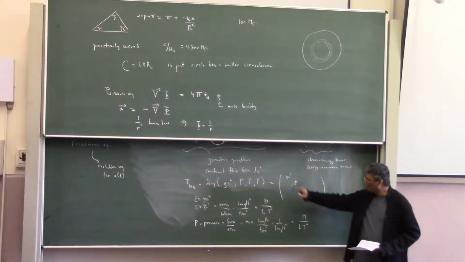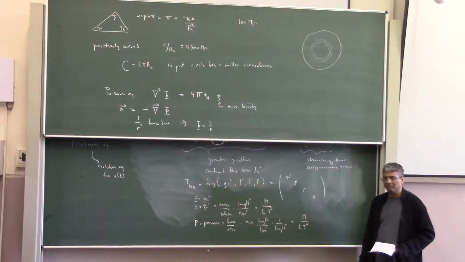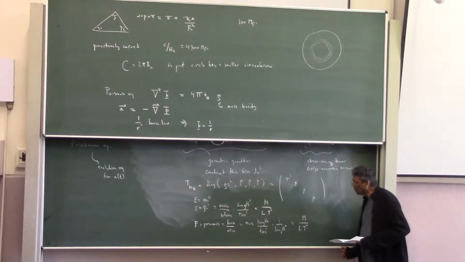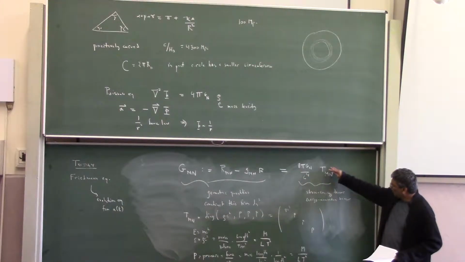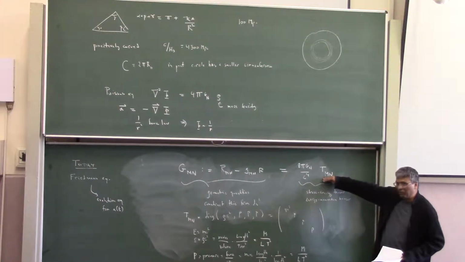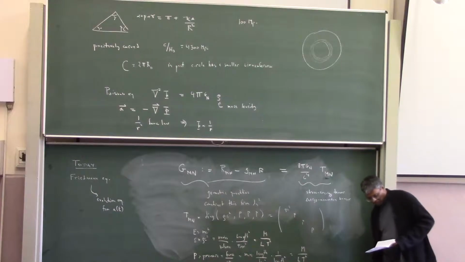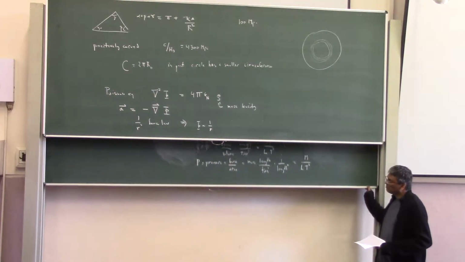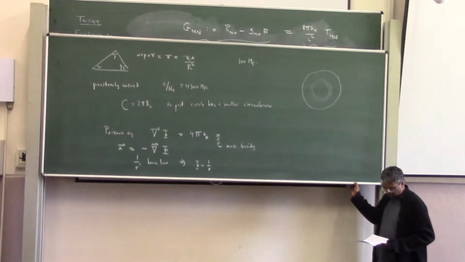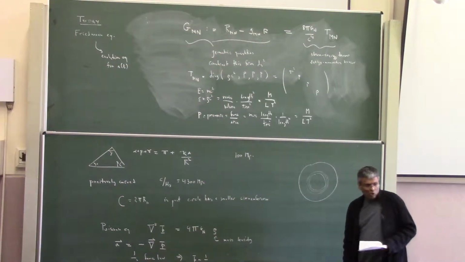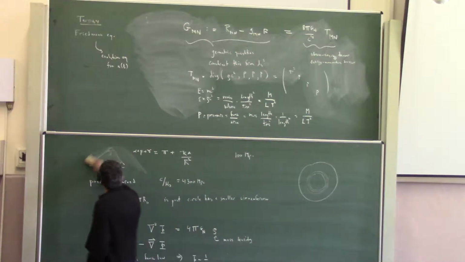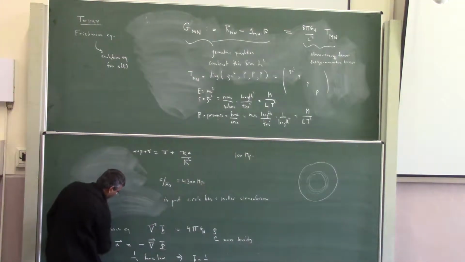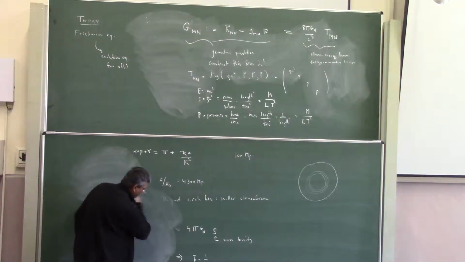So the units of energy density and the units of pressure are the same. So that means this equation makes sense. All the components in T_mn have the same units. Okay, so what we've introduced now, using the right-hand side of the equation, is two new parameters, if you like: energy density and pressure.